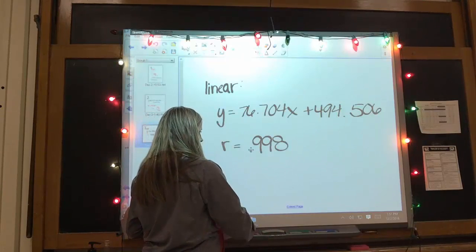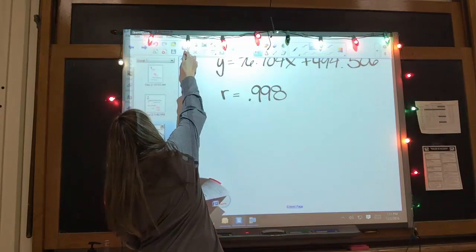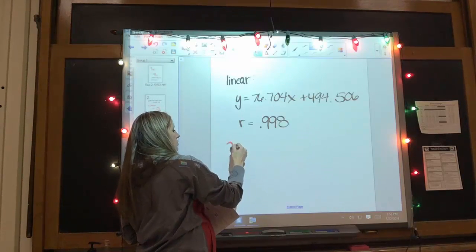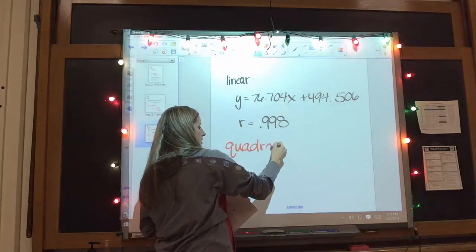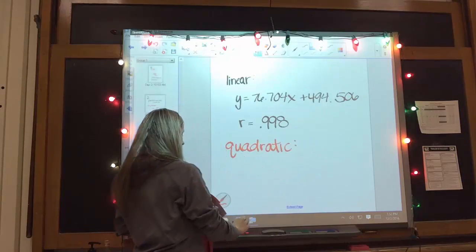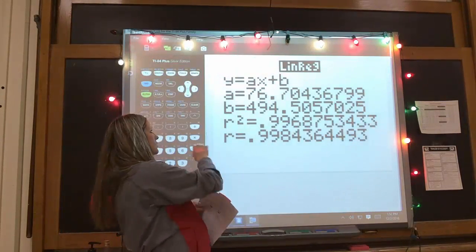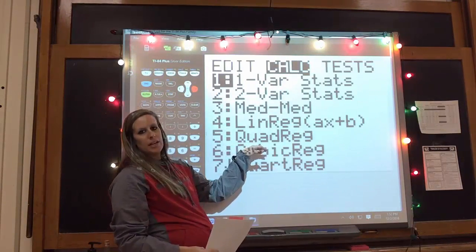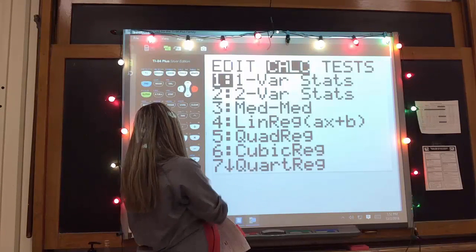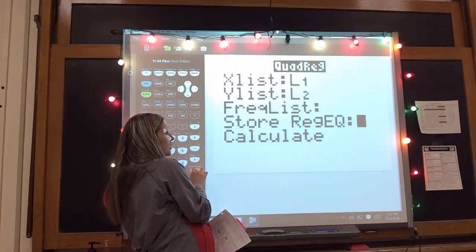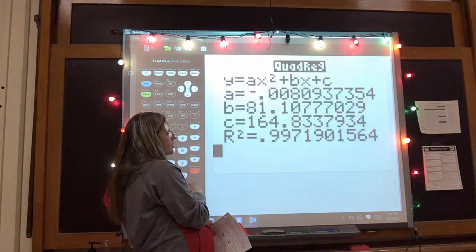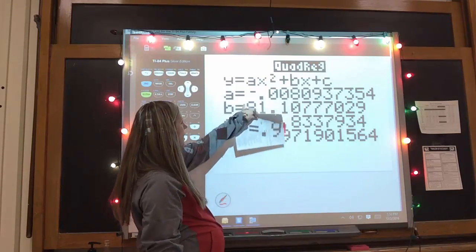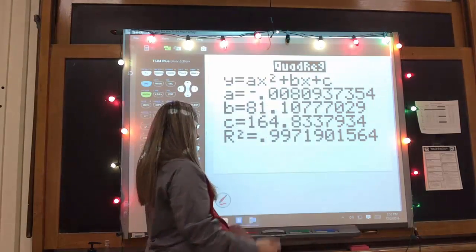Second part, we need to find the quadratic regression. Okay, so we're going to go through the same steps, except we'll press Stat, right arrow to Calc. Now this time we're going to hit number 5 for quadratic regression. Okay, press Enter until it gives you your equation. Okay, and we're going to write this down. So A is negative 0.008 x squared.